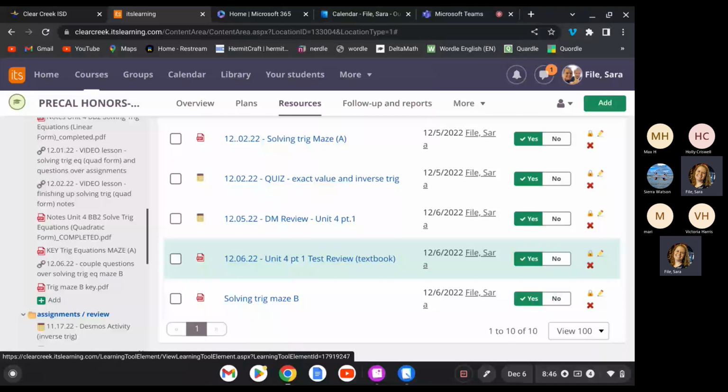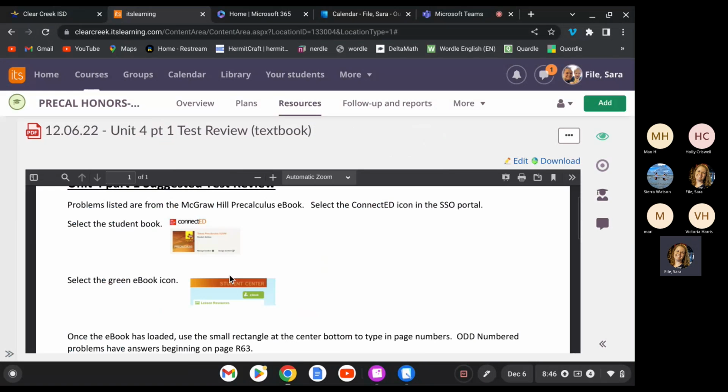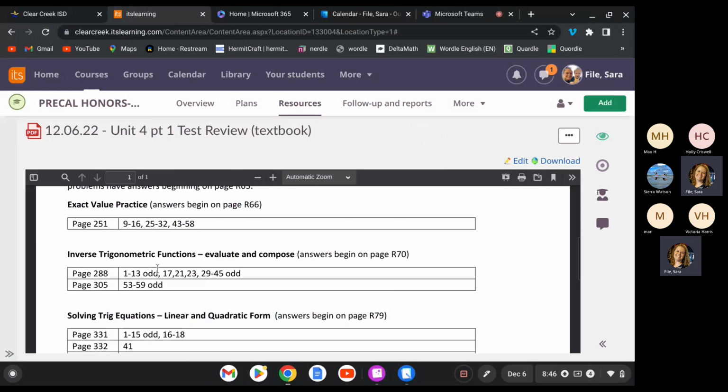You can go back to those if you need to. But I'm going to pull up these from the textbook since we haven't looked at any of these together yet. Okay, so for inverse trig functions, evaluate and compose, we're looking at page 288.